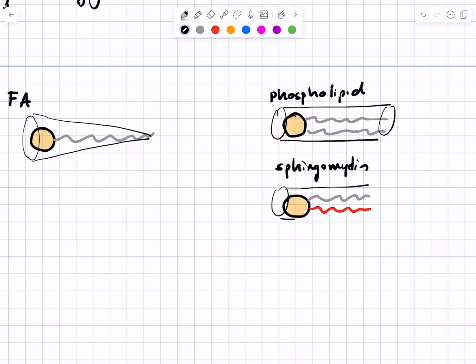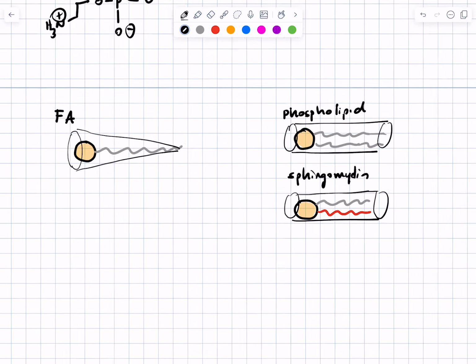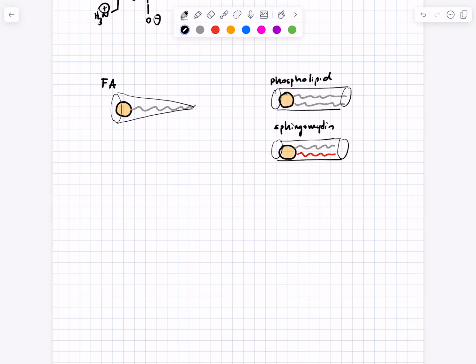The 2 nonpolar tails give it that kind of shape. So you will see that fatty acids associate into something called micelles, whereas phospholipids and sphingomyelins associate into bilayers.